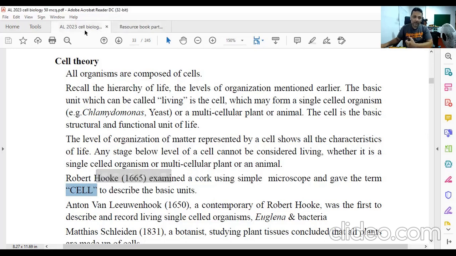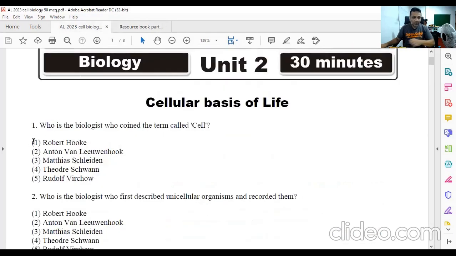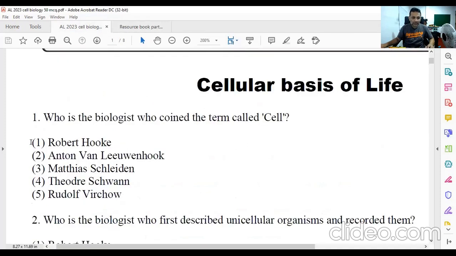So for the first question, you can pick the first answer. Robert Hooke is your answer. The second person given to you is Anton van Leeuwenhoek.